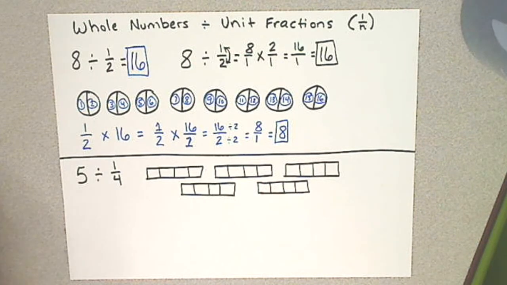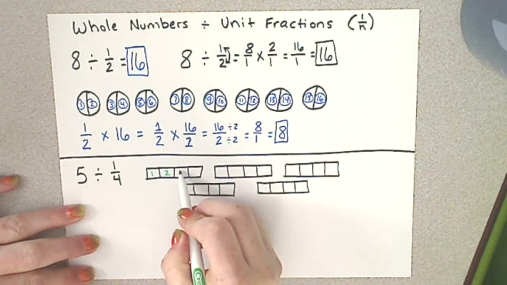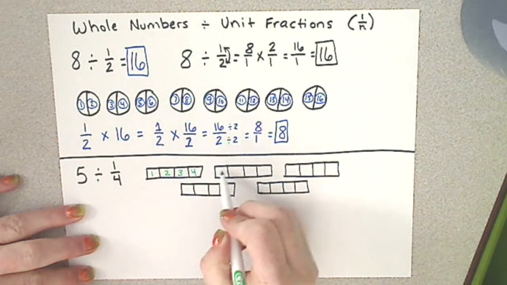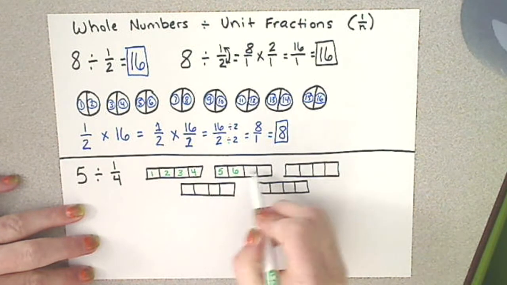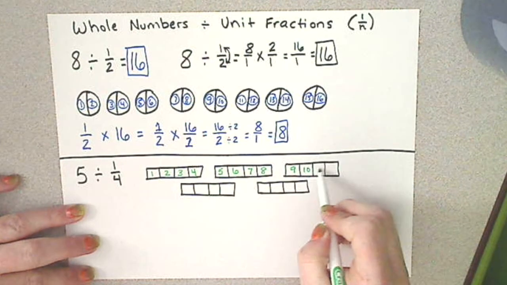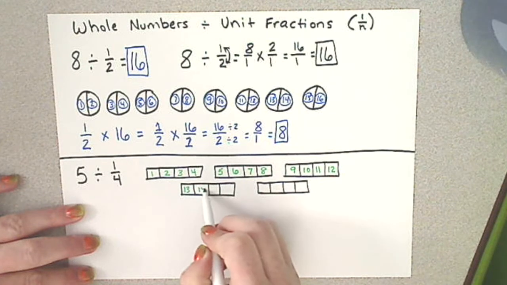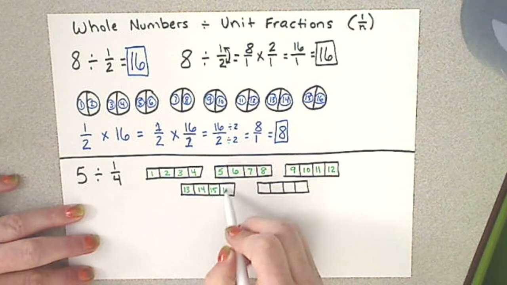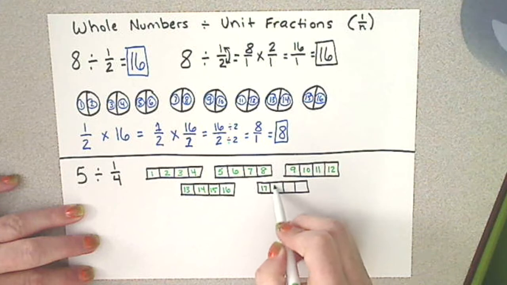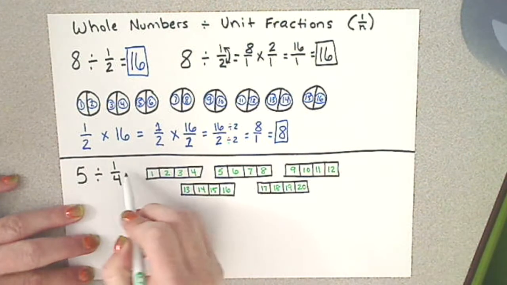Now I need to count the number of quarters I have. 1, 2, 3, 4, 5, 6, 7, 8, 9, 10, 11, 12, 13, 14, 15, 16, 17, 18, 19, and 20.